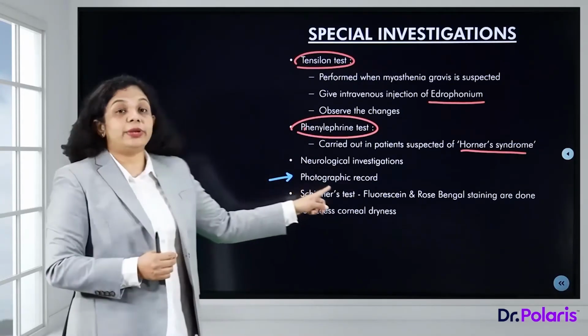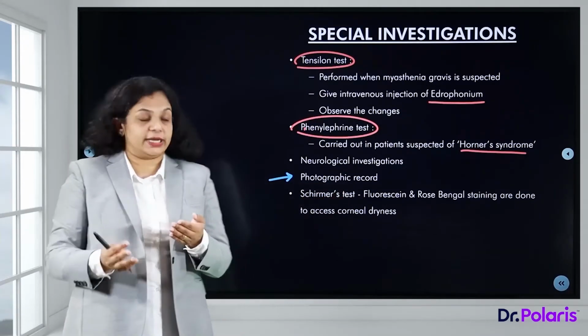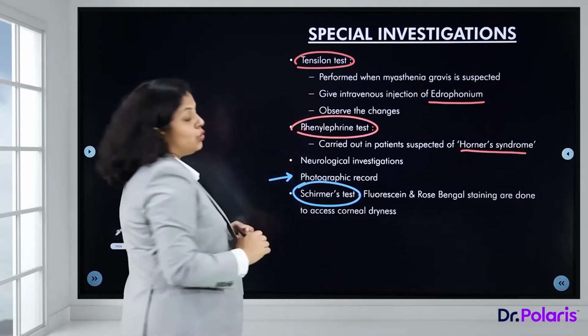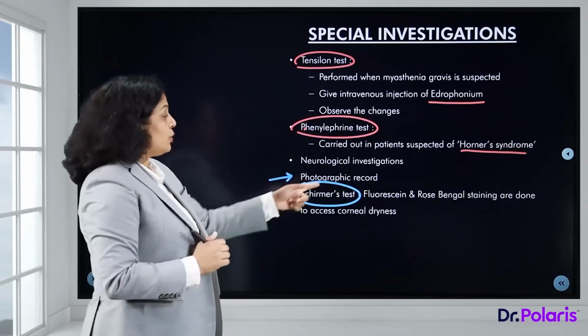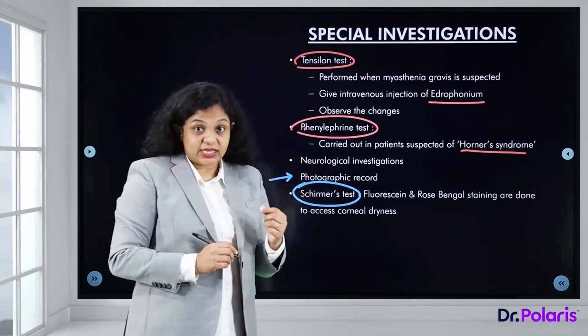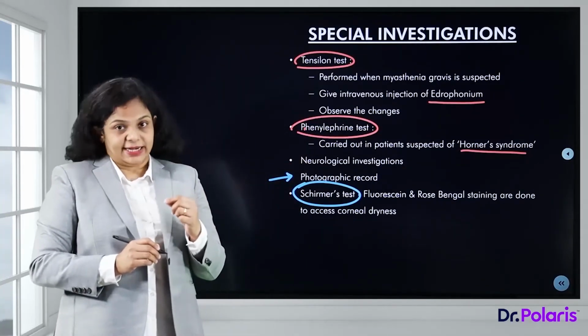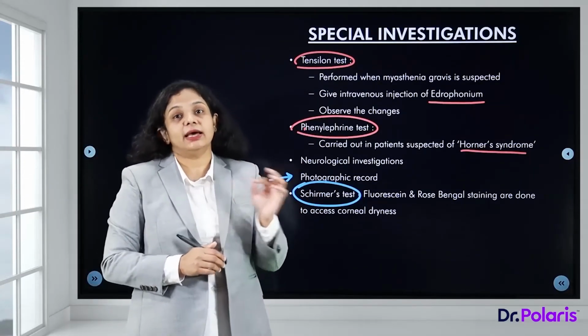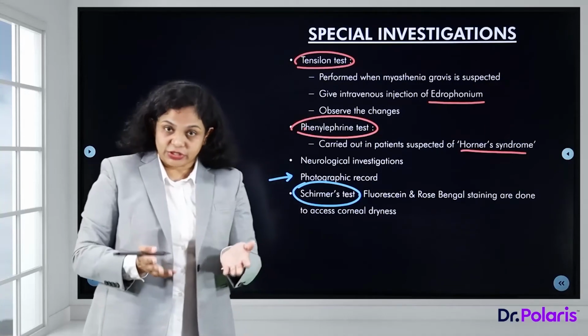A Schirmer's test is also done. You can use the fluorescein test or the rose Bengal test. Why are we doing this? We are trying to assess for corneal dryness. We do not want the patient to have any pathology in the eye before we take them up for surgery.